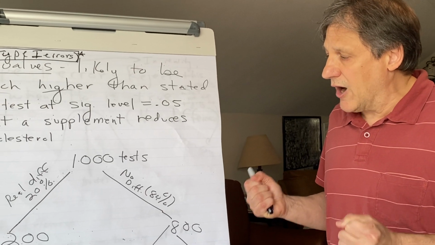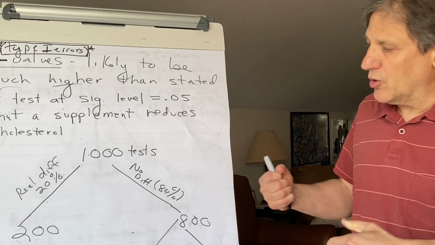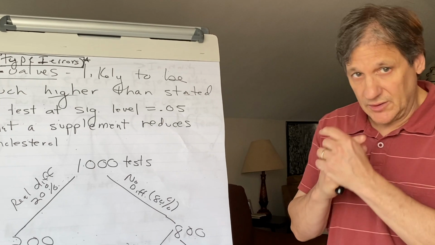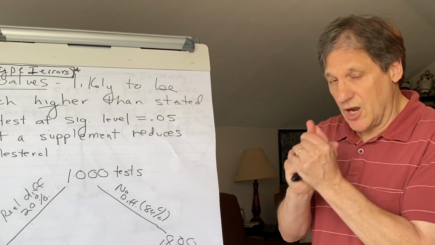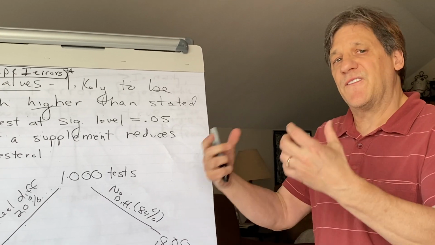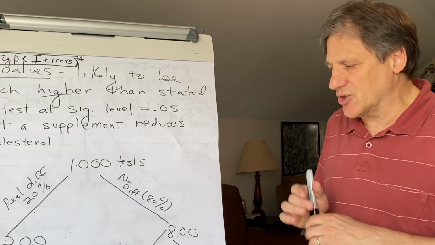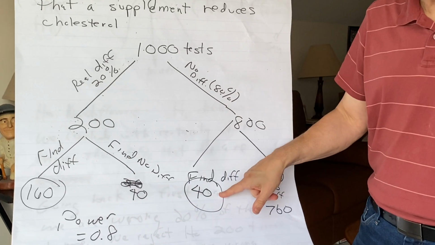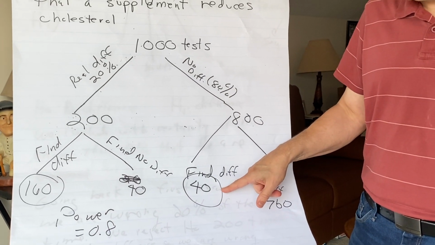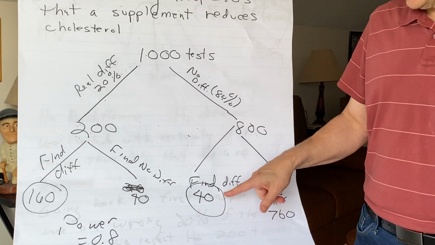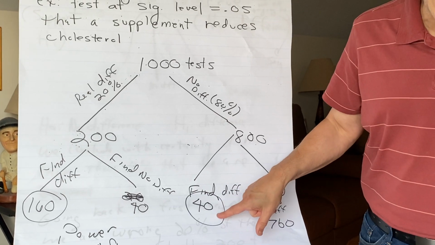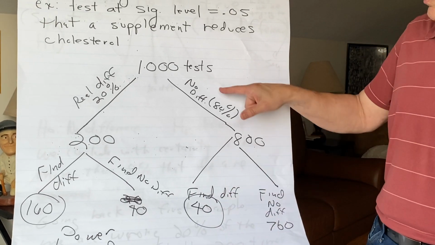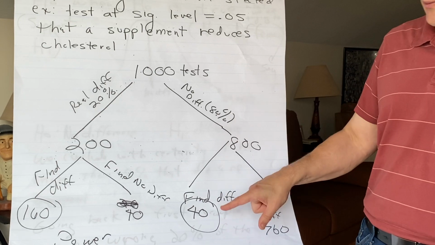Now, how often are you going to find a difference, which means reject H0, in this case? You're going to find a difference, which means you reject H0, this many times, 160 plus 40, that's 200 times, and you're going to be wrong 40 of those times because there was no difference 40 of those times.